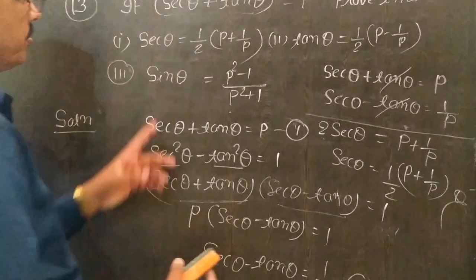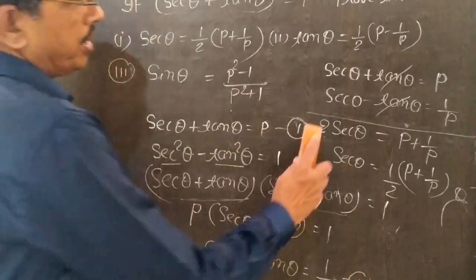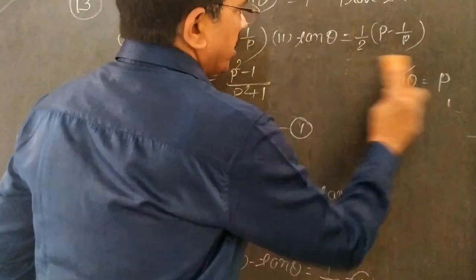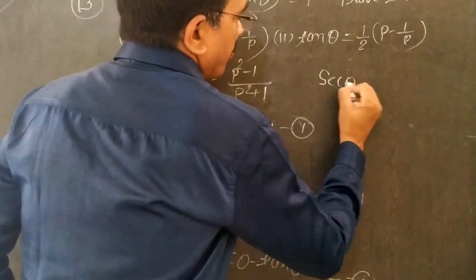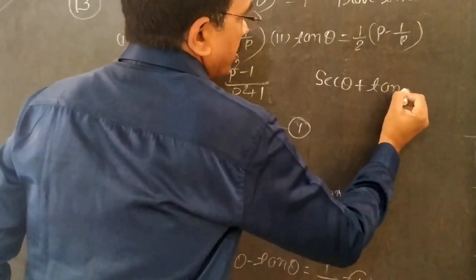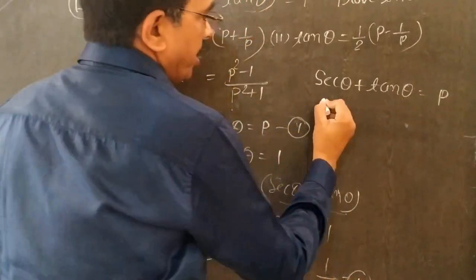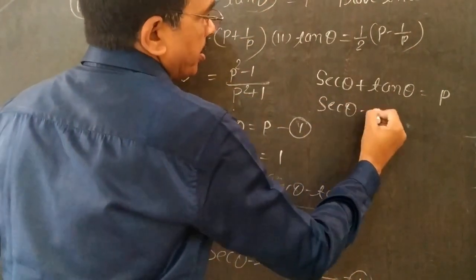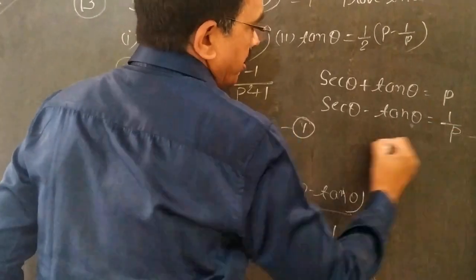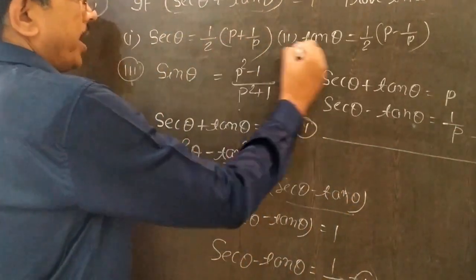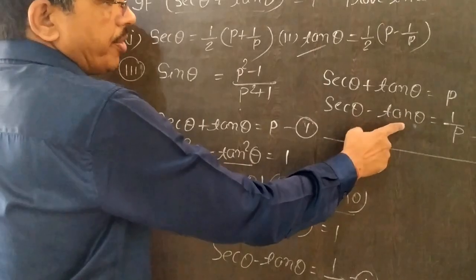Second, tan theta. So again you write this: sec theta plus tan theta is equal to p, and sec theta minus tan theta is equal to 1 by p. For the second question, you subtract, then you get the value of tan.